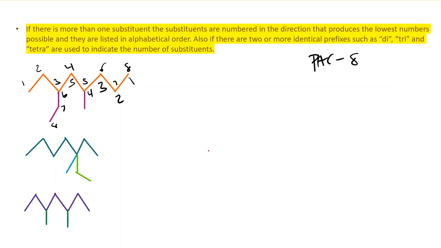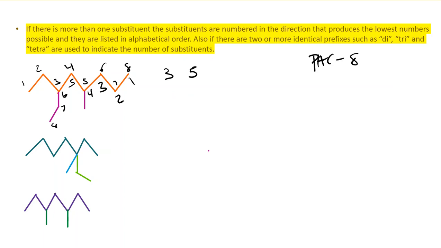So now secondly, we have to determine which direction gives us the lowest possible number. So when going from left to right, we have our branching off of carbon number 3 and 5. And going from right to left, we have our branching off of carbon number 4 and 6. So 3 and 5 is lower than 4 and 6, so I'm going to go ahead and erase this.